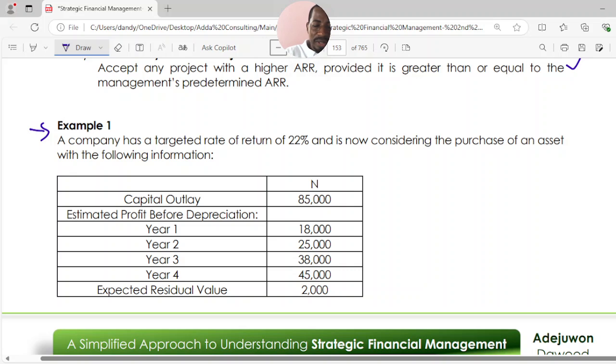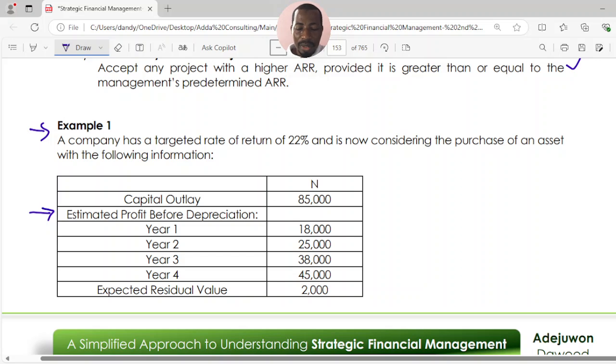Estimated profit before depreciation. Remember what I told you, always be careful on the numbers when you are calculating payback period and accounting rate of return. Always be careful on the cash flow or on the information on the figures given to you in the question. Okay, because you have to use the right figure.